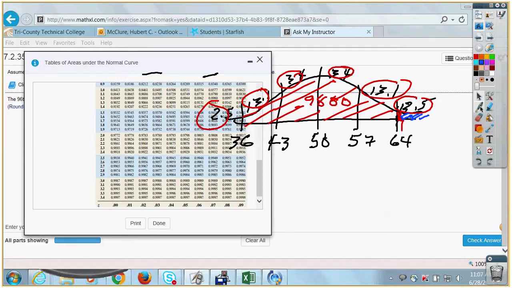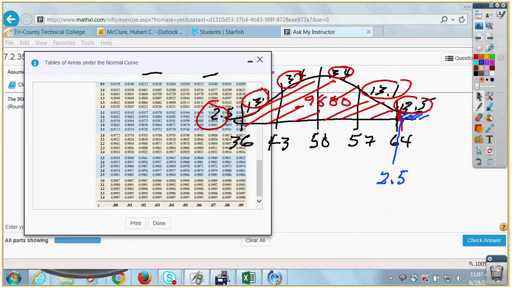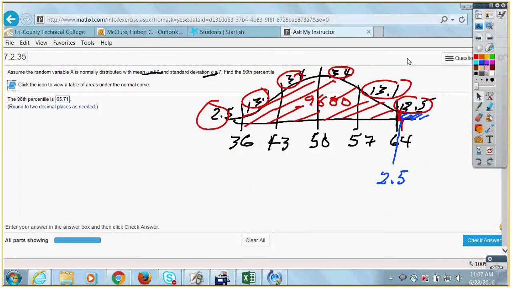This line right here, I'll color it blue now, which represents 98%, has a z-score of 2.05. Now, I think if you look, they want a score that represents the 98th percentile.